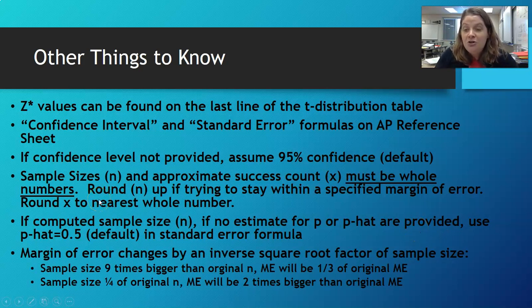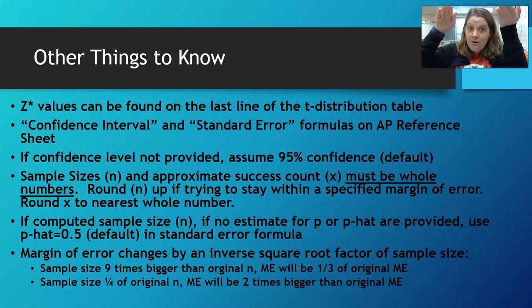Remember that margin of error changes by an inverse square root factor of sample size. So if your sample size is 9 times bigger than the original, your margin of error will be 1/3 as large as the original margin of error, because the square root of 9 is 3 and you want to reciprocate it. So if sample size goes up, margin of error goes down. Sample size goes up by times 9, margin of error goes down by a factor of 3, so down by 1/3.